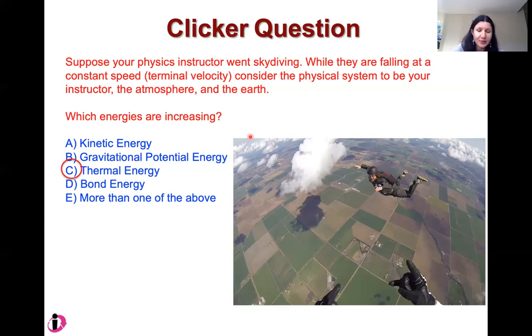On the moon, for example, you would never be able to reach terminal velocity. Here, the thermal energy that comes from the interaction between the air and the 7A instructor skydiving is what gives you this increase in thermal energy.